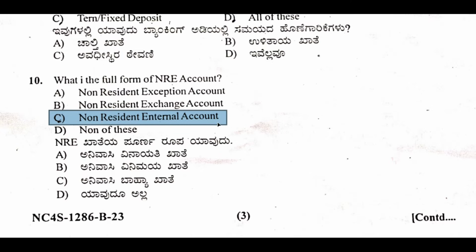Such accounts allow both foreign currency credits from outside India as well as rupee credits within India. But the question asked was about the NRE account, so the full form is non-resident external account.